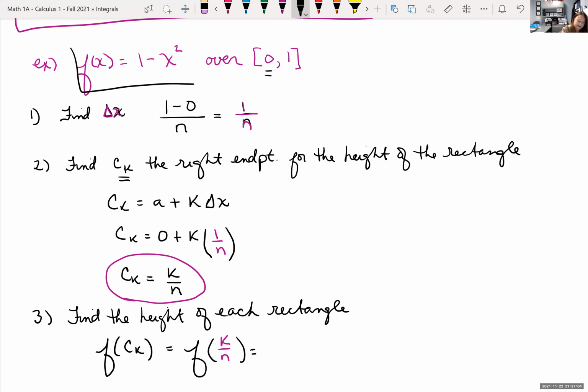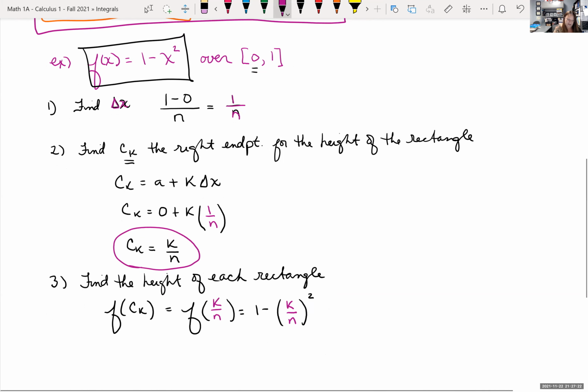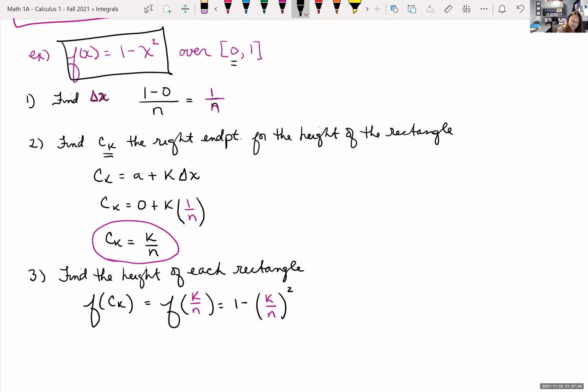So if we go into our function f of x, wherever we see an x, we plug in k over n. So we have 1 minus, we see an x there, quantity squared. So 1 minus k divided by n quantity squared. So this is equal to 1 minus k squared over n squared.